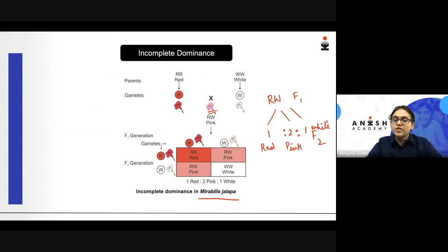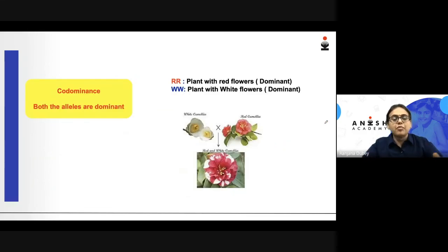Are there any other examples of a deviation from Mendel's concept of dominance? Well, yes. In this example, if a cross between a dominant red flower and a dominant white flower is performed, we see that the offspring obtained bears the features of both the dominant parents.